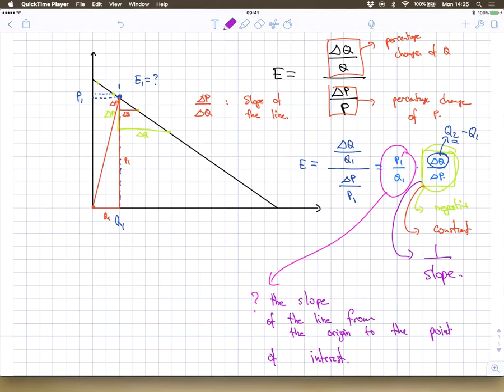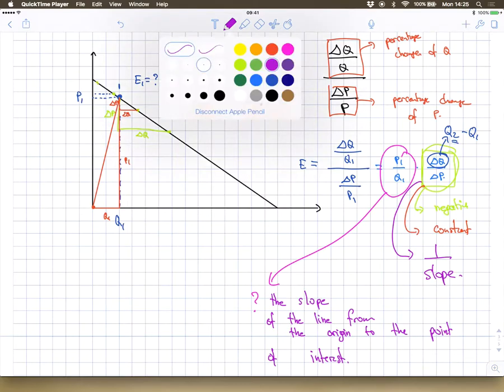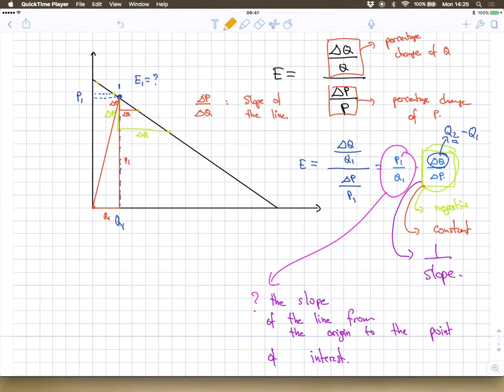What happens to the slope as my point of interest gets very, very close to the y-axis intercept? What happens to that slope as it gets very, very close? The slope will increase, right? As that slope gets close to being vertical, what will be the value of that slope?